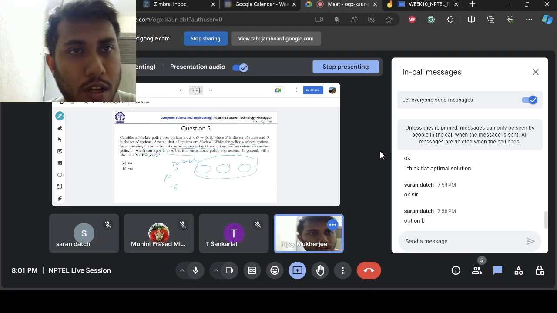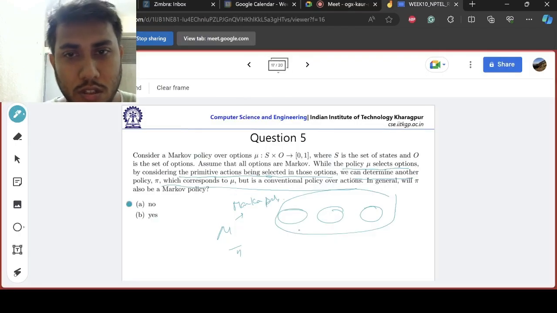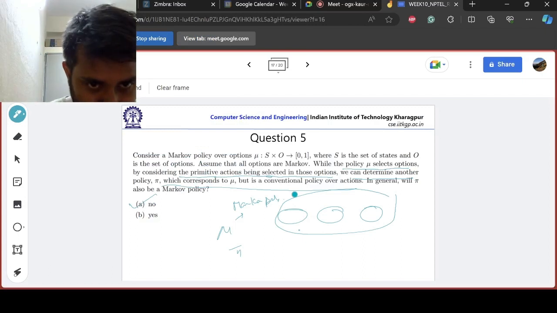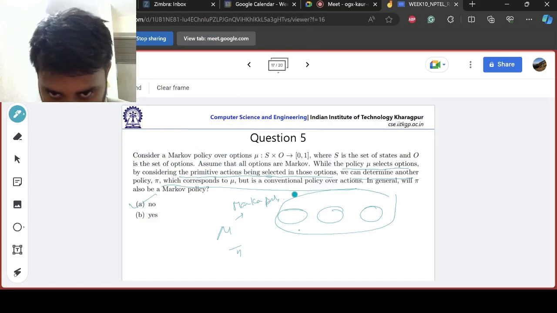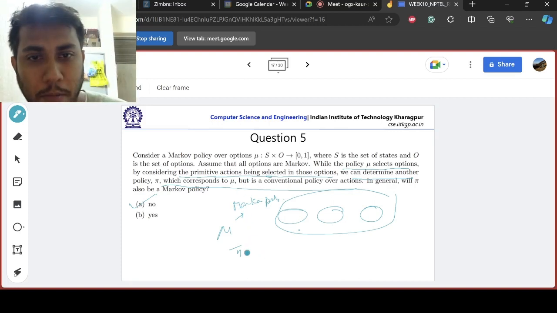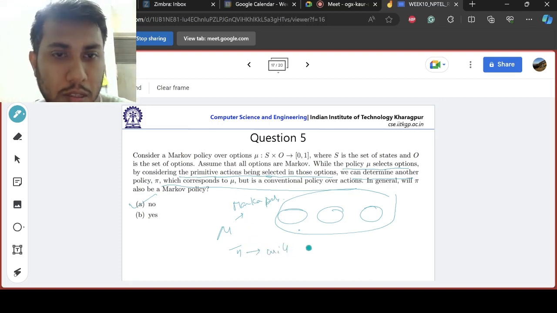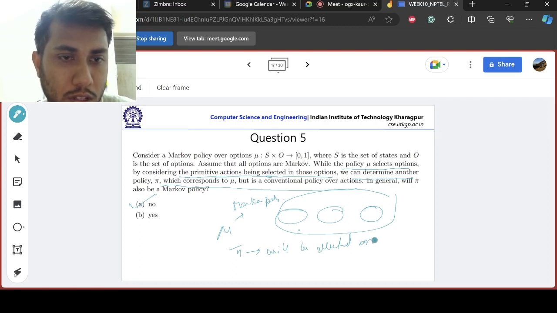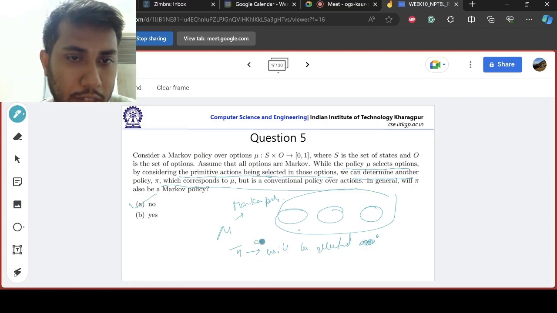So the answer is no. In such an option-based setting, how are you going to select pi? The action will be selected not only on the state but also on the option being forwarded, right?